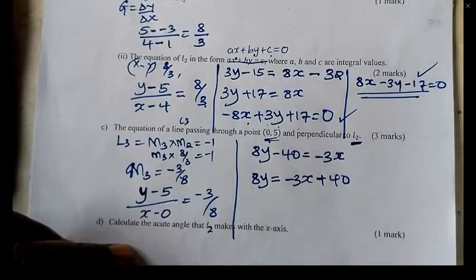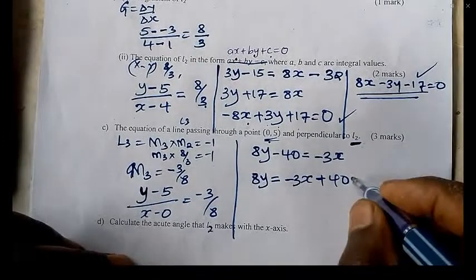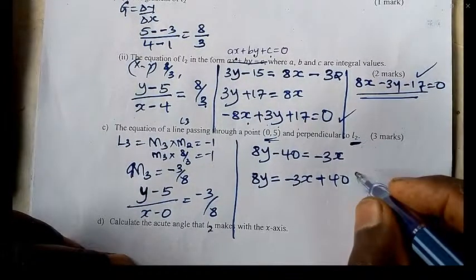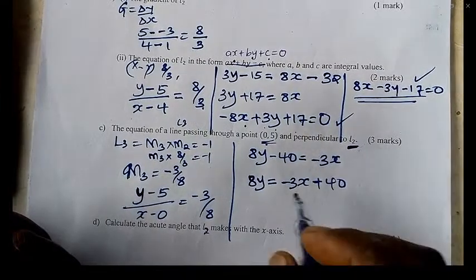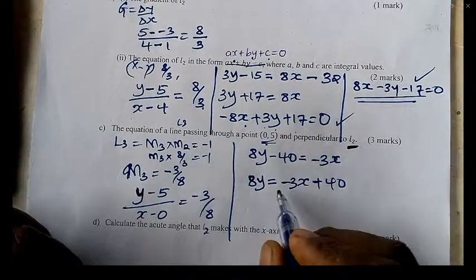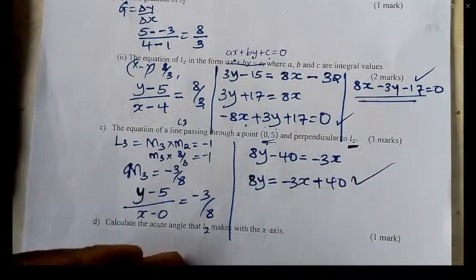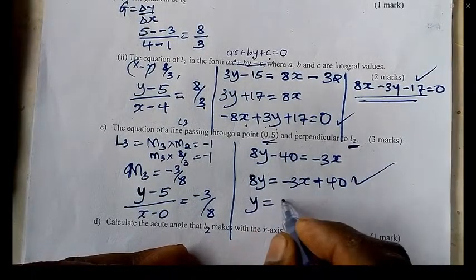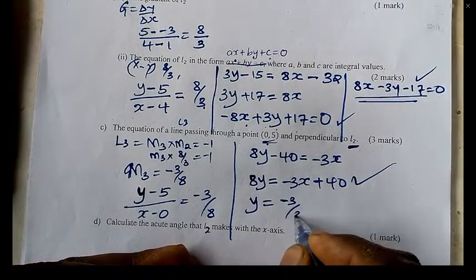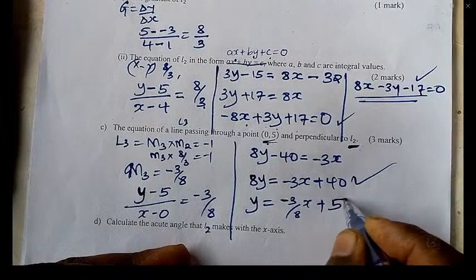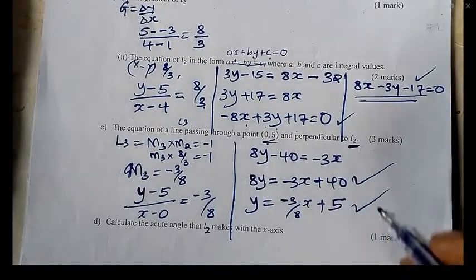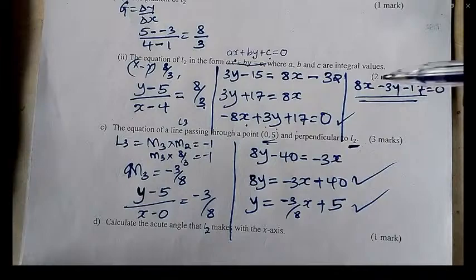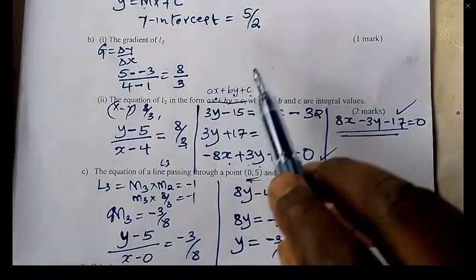Or you can leave this here because we were not given instructions, or you divide by 8 everywhere, so we have y is equal to minus 3/8 x plus 5. This one is okay, and this one is okay, because we were not given instructions for either form.